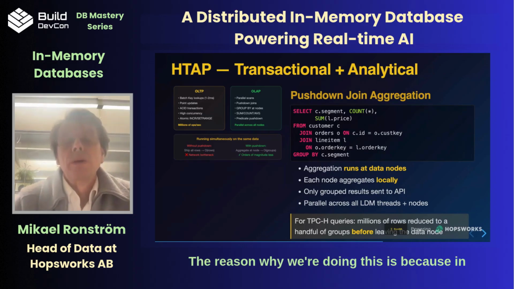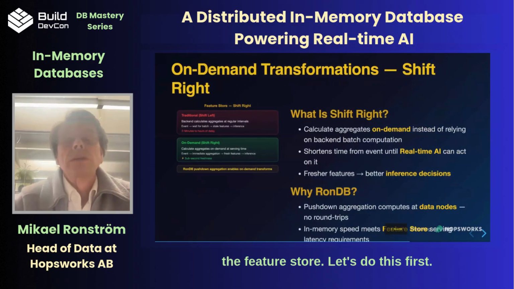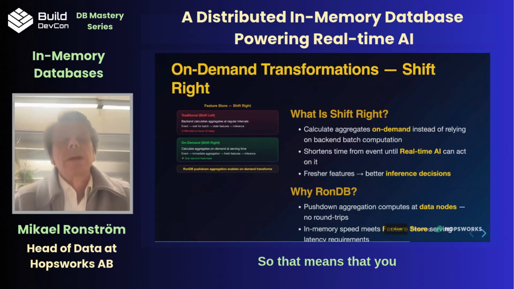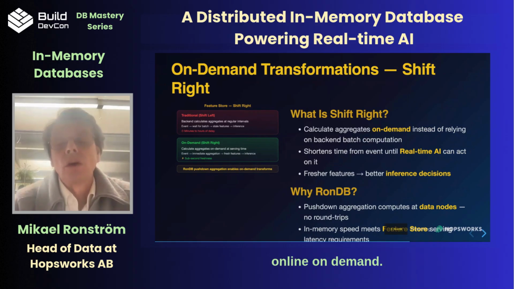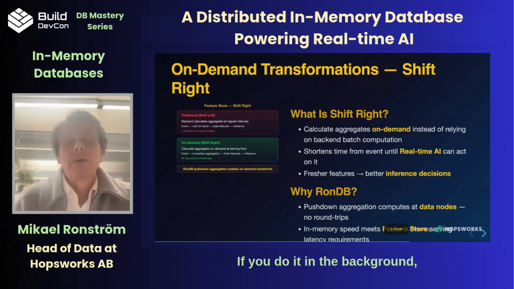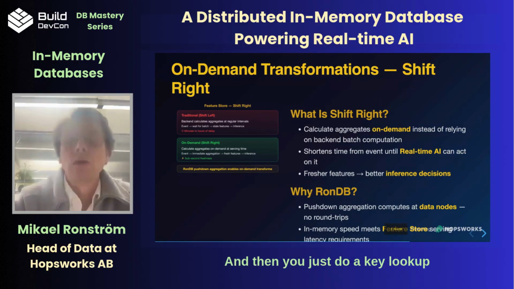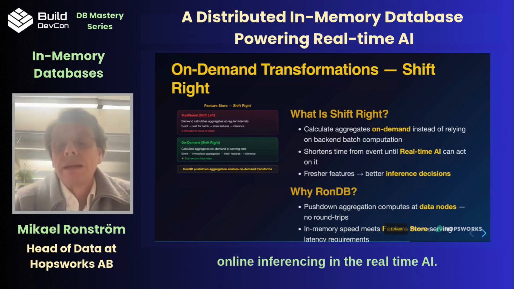The reason why we're doing this is because in the feature store we have something called shift right. That means that you might want to calculate your aggregations online, on demand, instead of doing it in the background. If you do it in the background, you can do it in a different system, and then you just do a key lookup when you do the online inferencing in real-time AI.